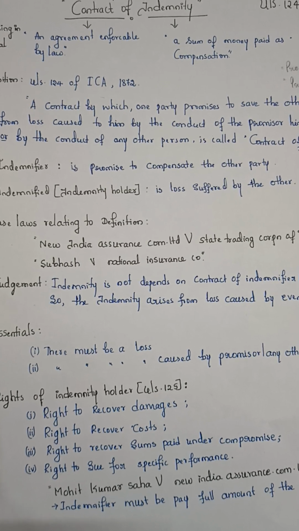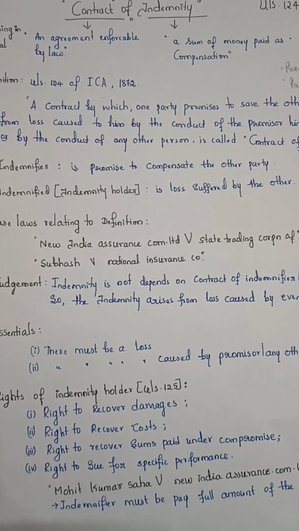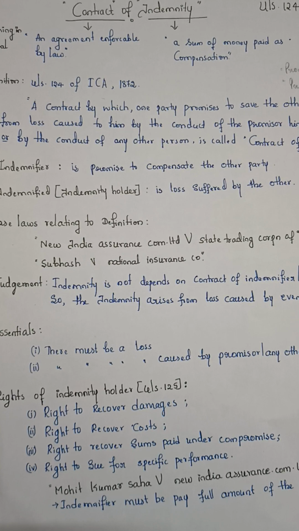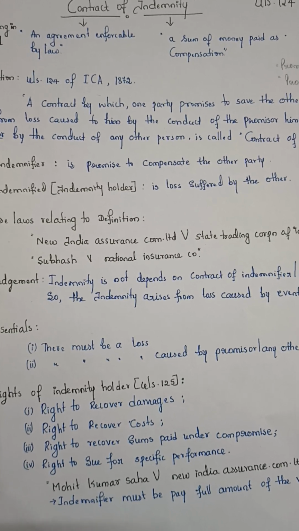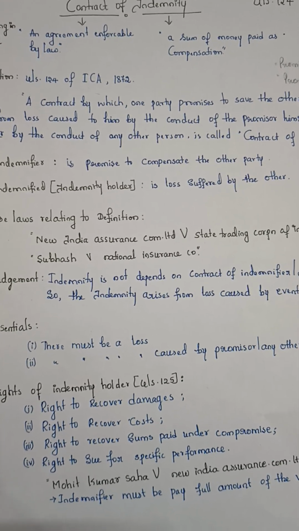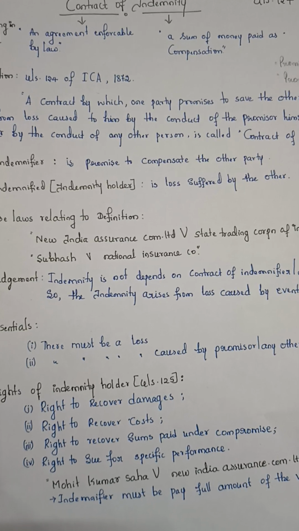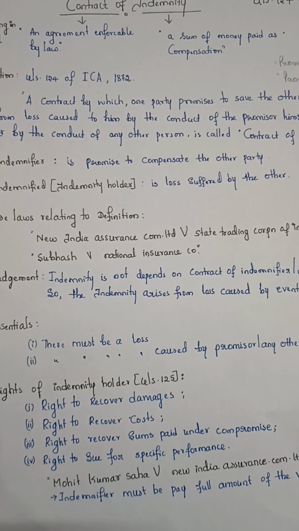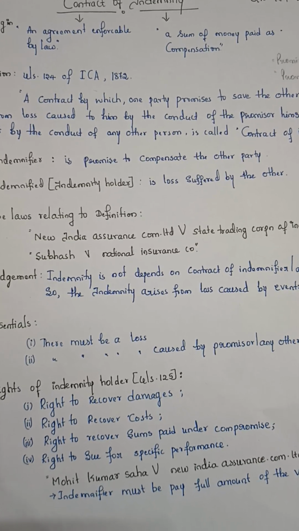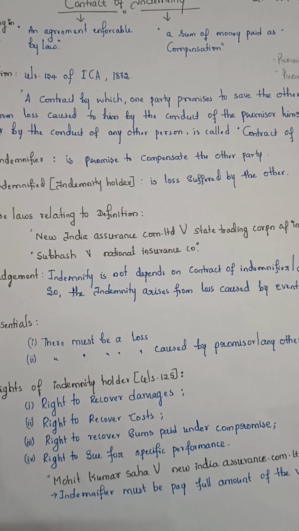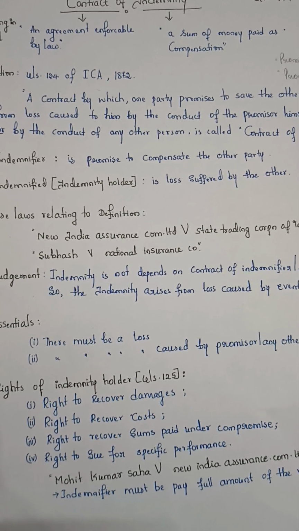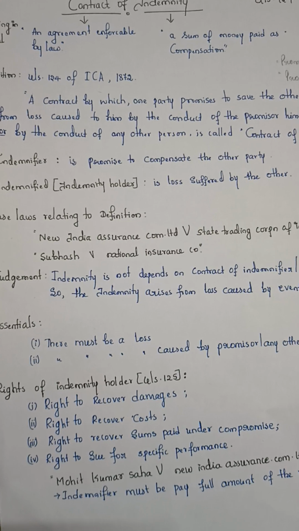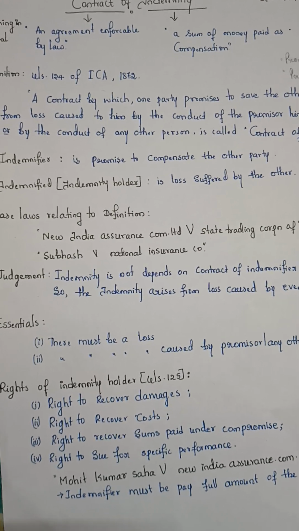The indemnity holder is entitled to sue for specific performance if he has incurred absolute liability and the contract covers such liability, acting within the scope of his authority, so he is entitled to recover from the promisor.